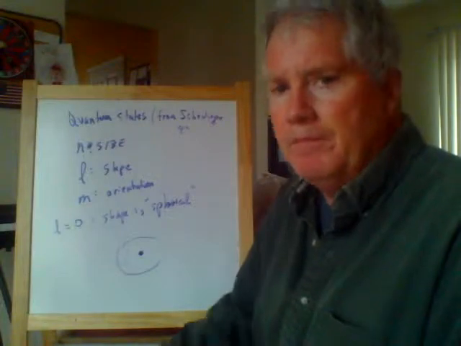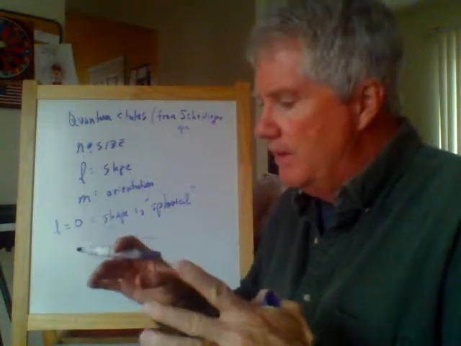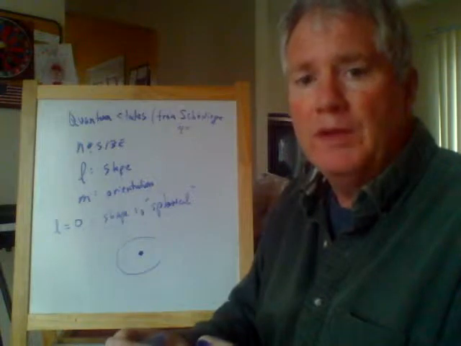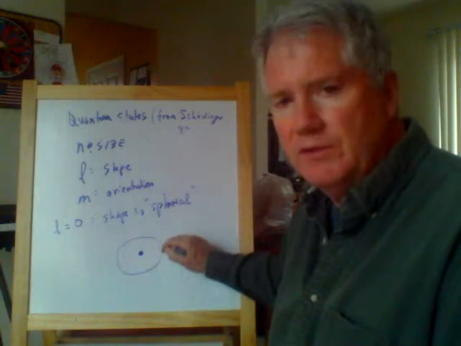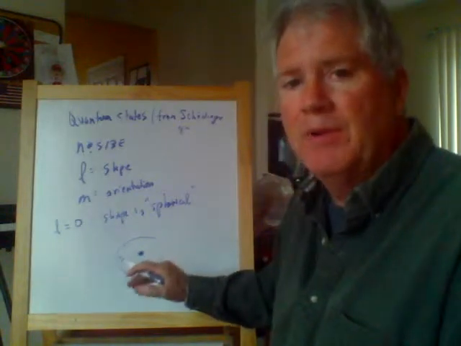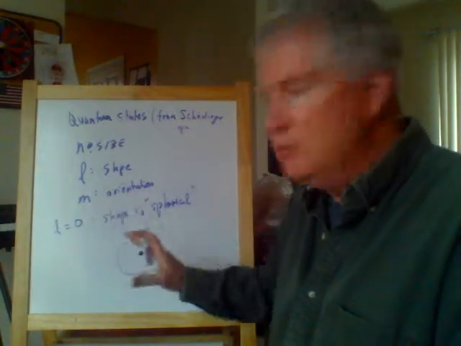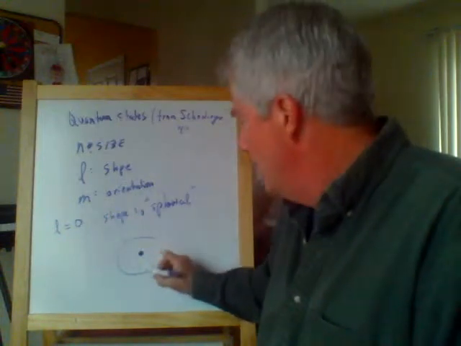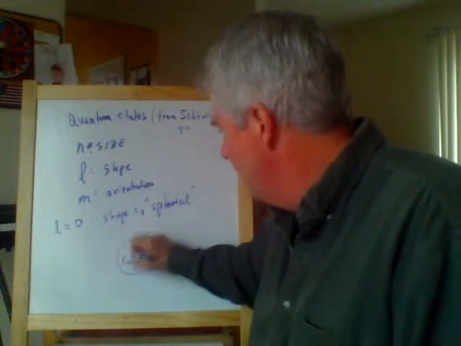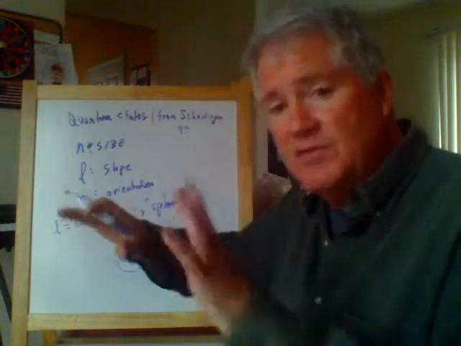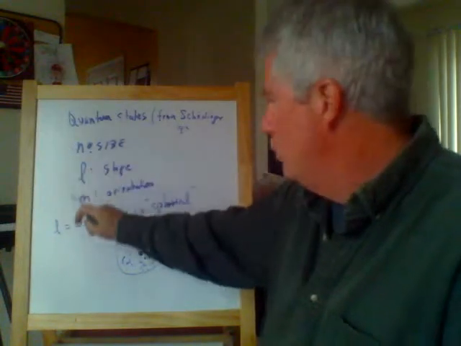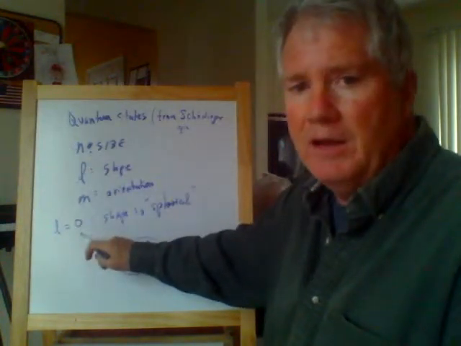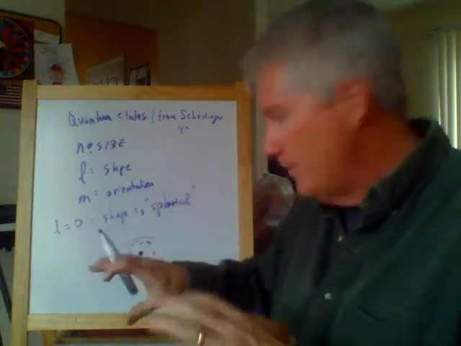Essentially meaning that the nearer you are to the nucleus, the more probable the electron is there, and the further away from the nucleus, towards the edges of the sphere, the electron can appear there, but it's less likely. So the electron is always drawn to the nucleus, but it can exist anywhere geometrically in this sphere around the nucleus. And the spheres get bigger as n gets bigger. But when l is 0 for any value of n, the shape of the orbital is spherical around the nucleus. Okay. All right.